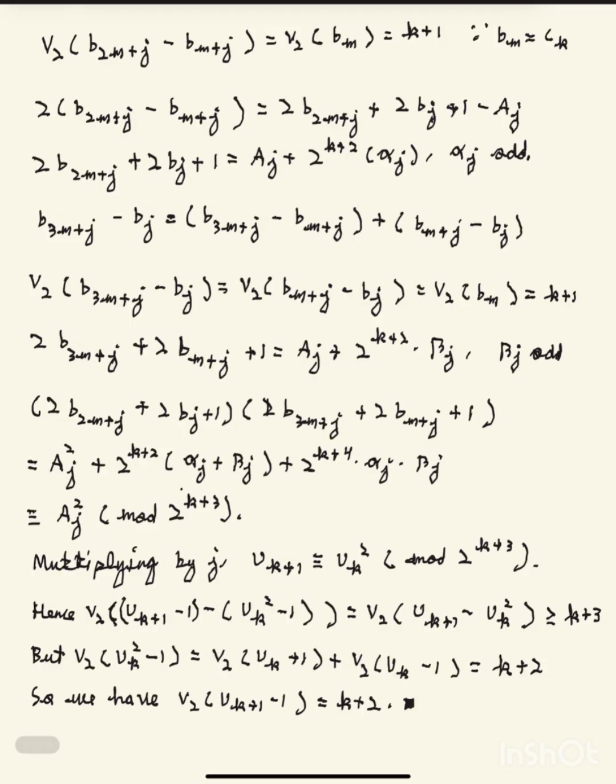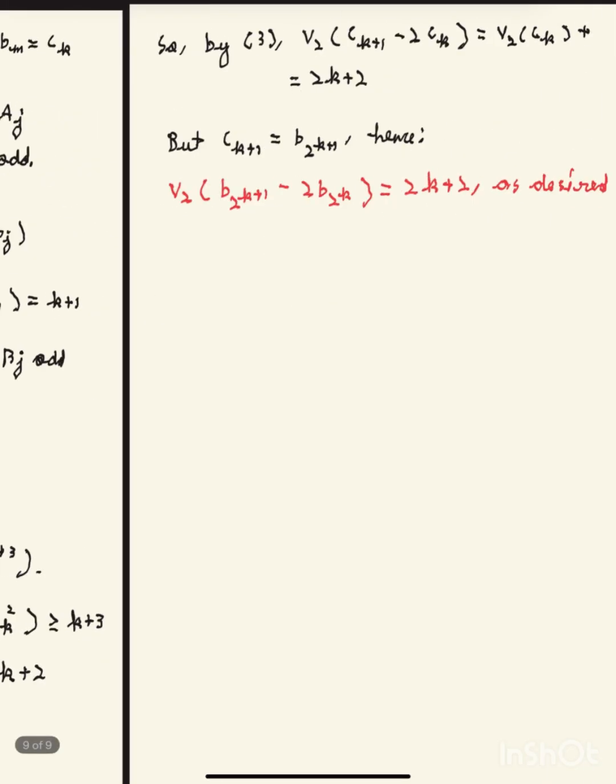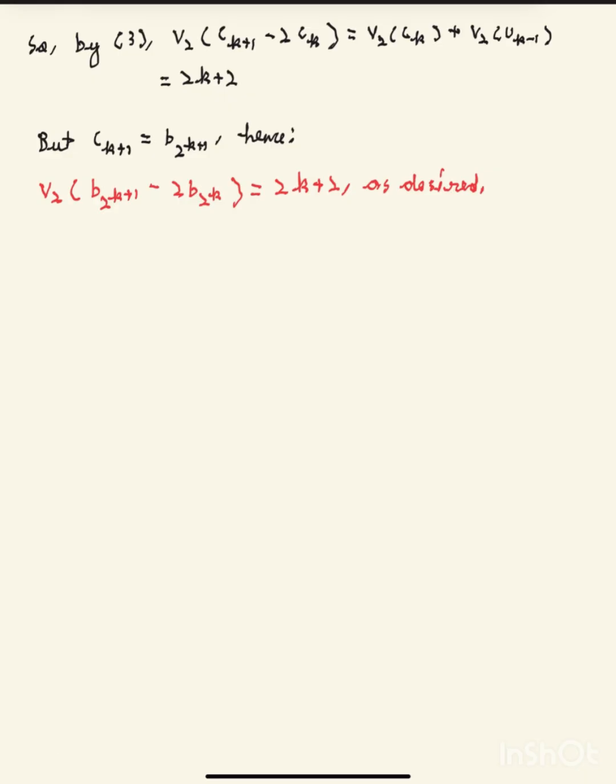And then we had some algebra in between, and then we used some basic valuation tricks to prove that v2 of u_k plus 1 minus 1 is equal to k plus 2, which completed the induction.